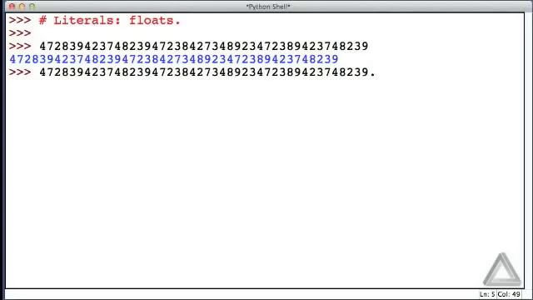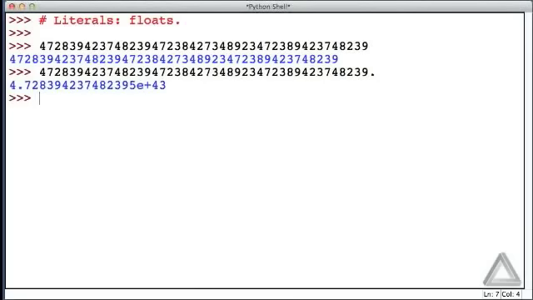When we hit return now, what is echoed back to us is no longer exactly what we typed in. There are about 16 digits of precision here, and beyond that 16th digit, all that precision is lost. So we have a number that's 4.7 times 10 to the 43rd, but it's an approximate number.